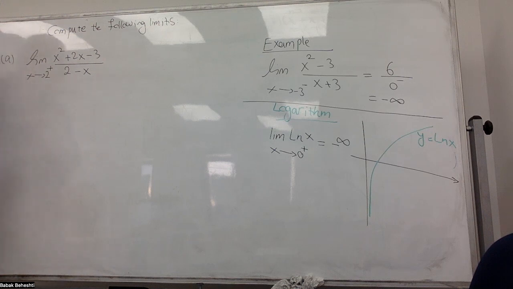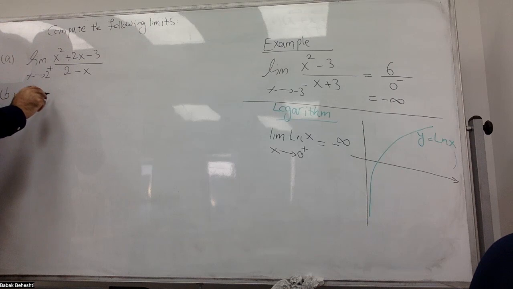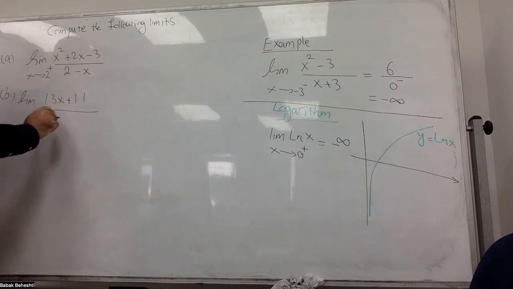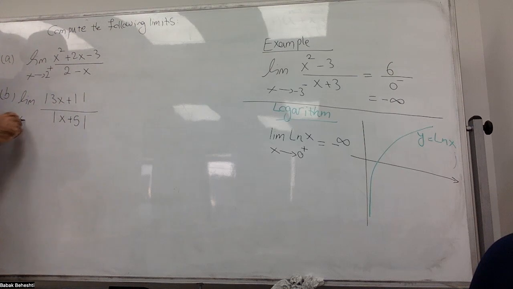Part B: the limit of the absolute value of 3x plus 1 over x plus 5, x goes to 5 minus.